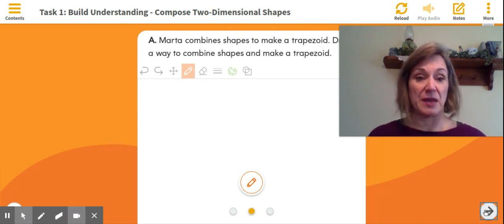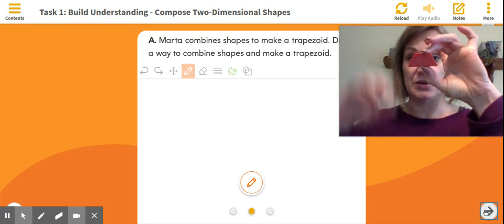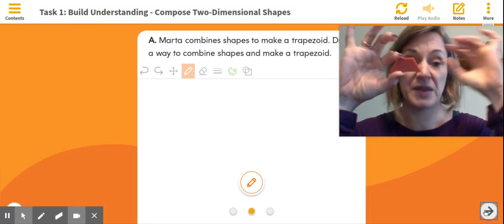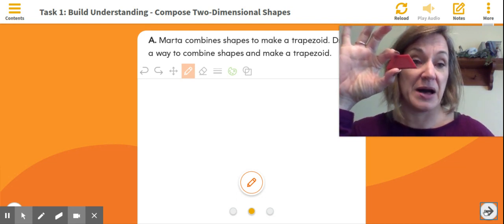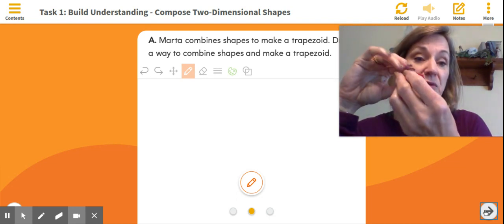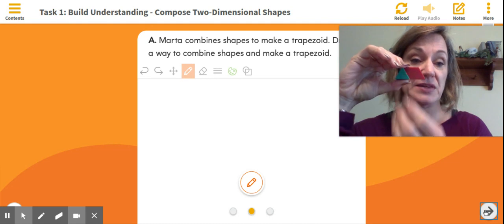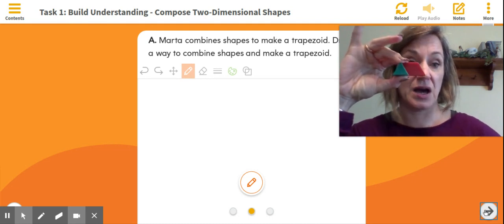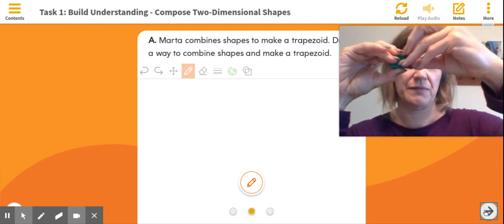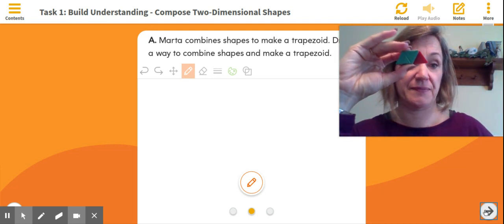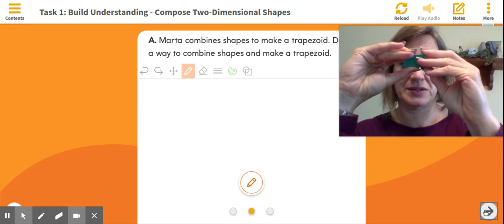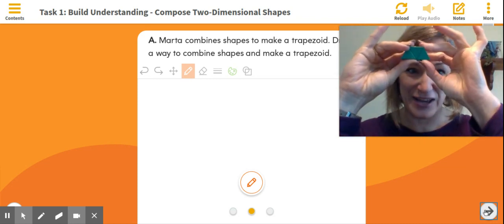All right, so I'm going to show you this on the screen also. Here's the trapezoid, okay? There are a couple of different ways you could make this trapezoid, but probably the most common way would be to cover it, and you can do this with yours at home. Cover it with the little triangles, and it will cover perfectly with 3 triangles.